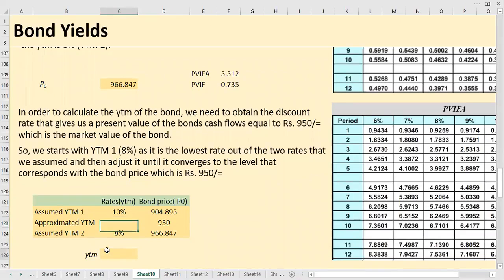So I am going to start with 8, equal 8, plus. Then I am going to get the total difference. How are we going to get the total difference?